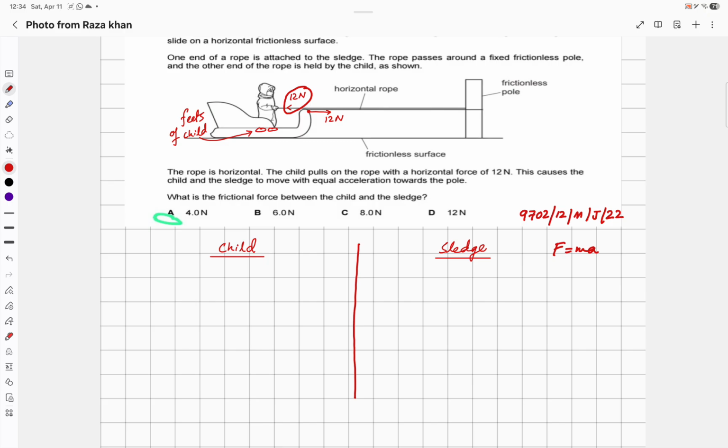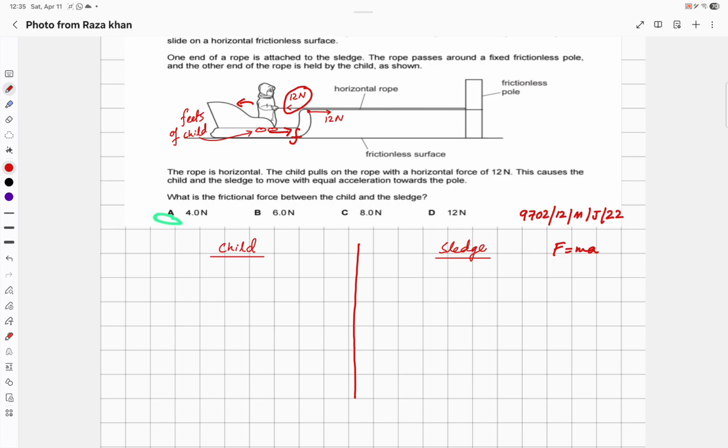At the same time, obviously he is trying to stand on the sledge, right? So if he's pulling the rope in this direction, it should not go backward. The feet must have a friction here, and this is the friction between the feet and the sledge, which we are looking for.